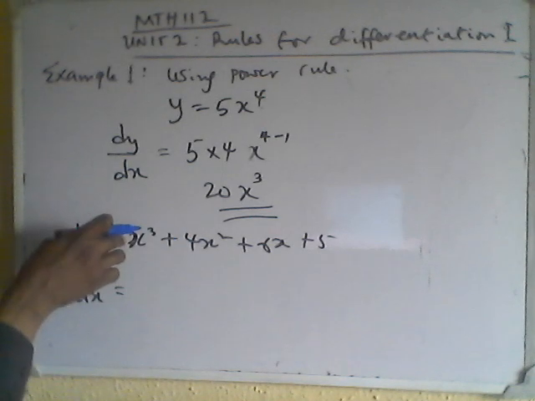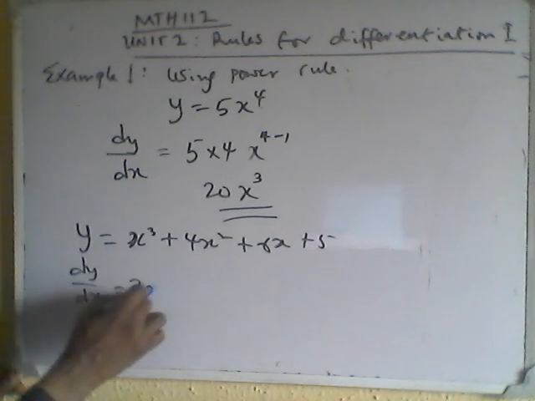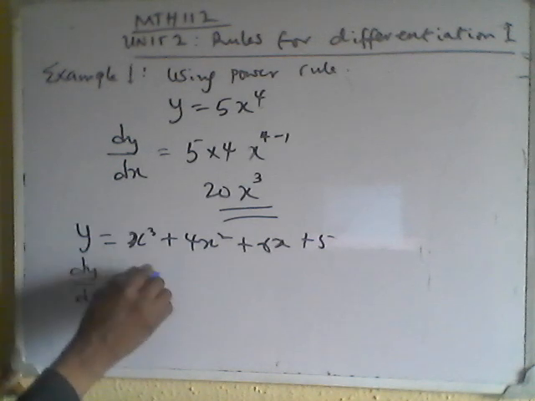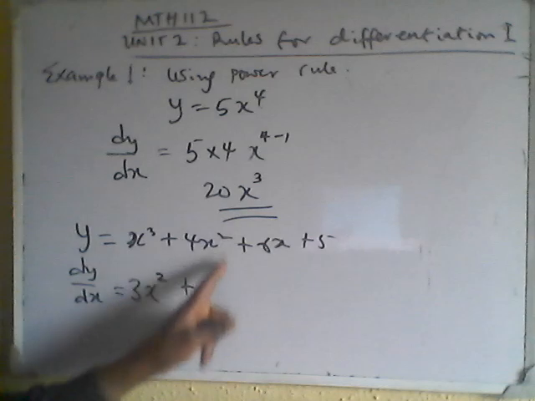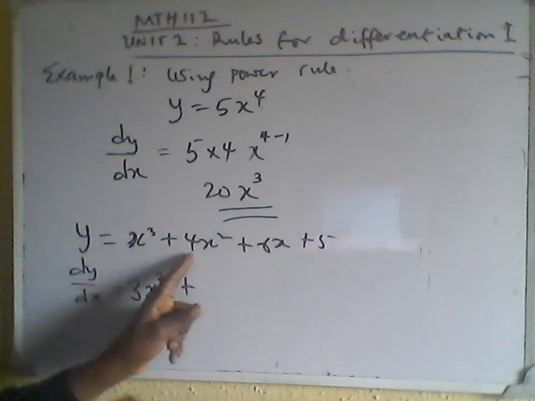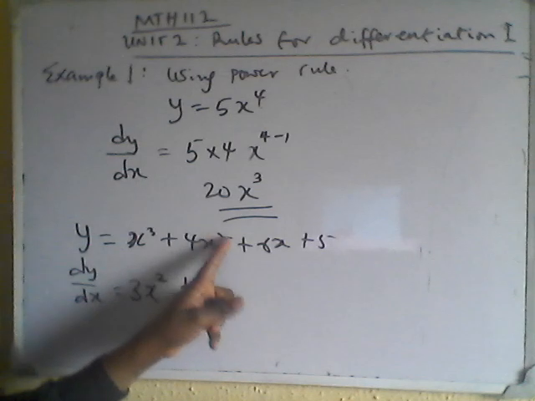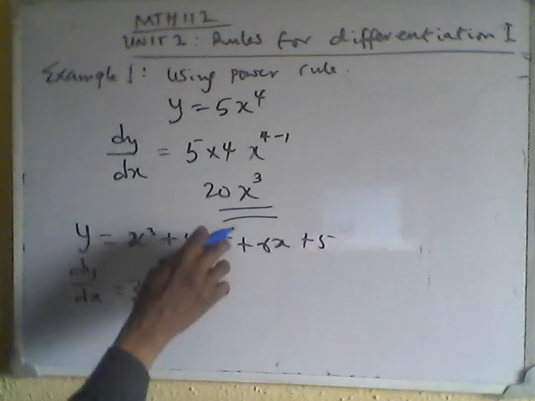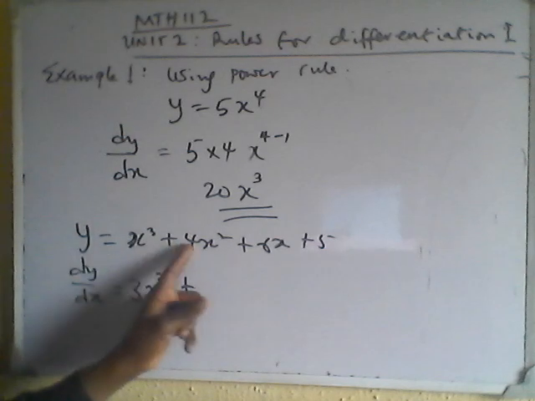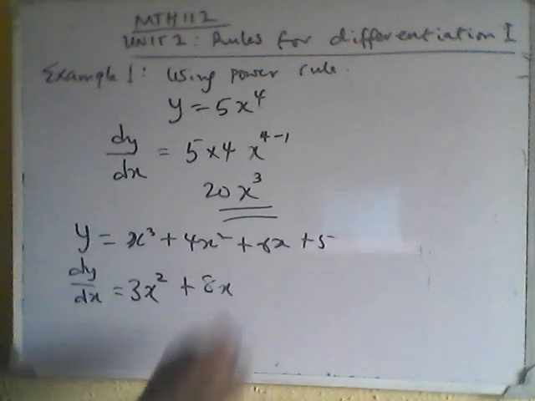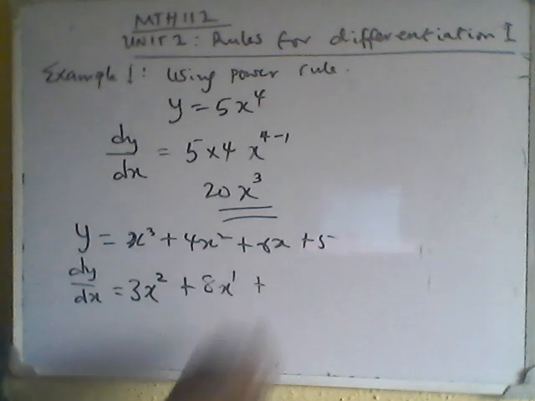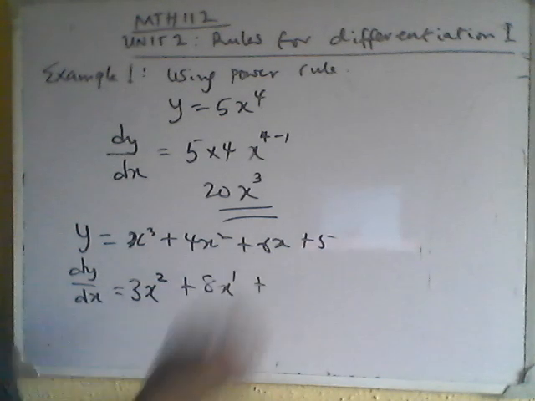Exponent times coefficient, 3 times 1 is 3, then x, then the same exponent reduced by 1. 3 minus 1 is 2. Plus, again, 2 is the exponent here, and 4 is the coefficient. 2 times 4 is 8, then x, and at the same time, 2 minus 1 is 1. Okay, so plus, then again, I have the power here, 1.